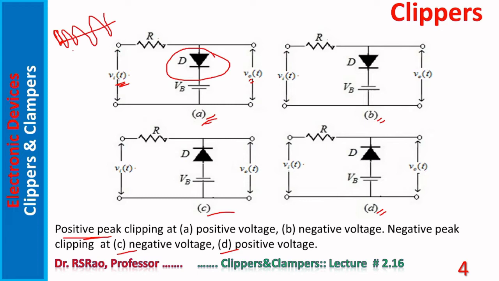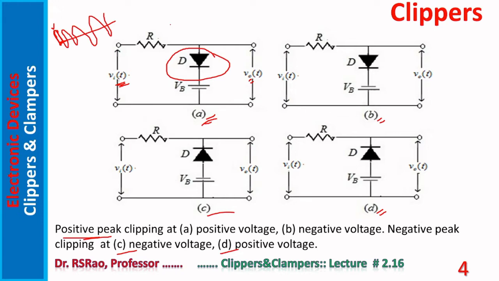This is the story when the input voltage is positive during positive half cycle of the input voltage. During negative half cycle, the diode never gets a chance to be on. Therefore, V naught is always Vi.